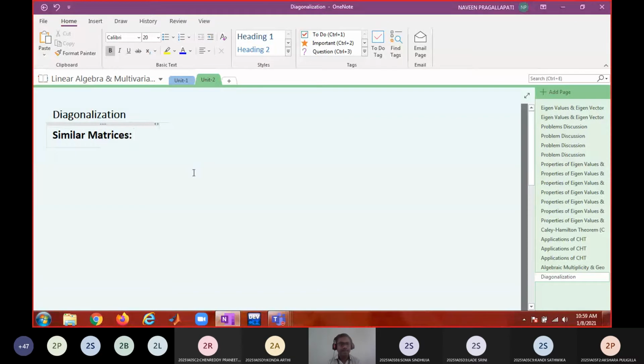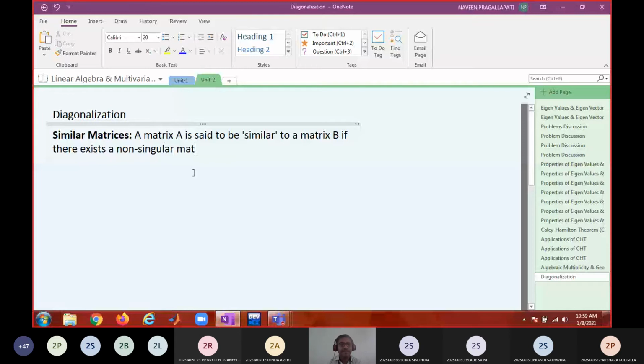Matrix A is said to be similar to a matrix B if there exists a non-singular matrix P such that B equals P inverse AP.